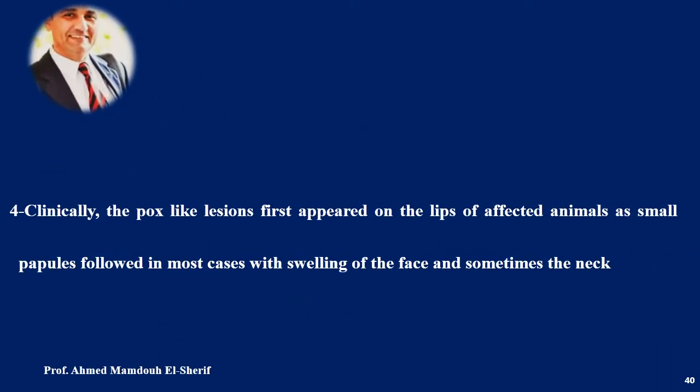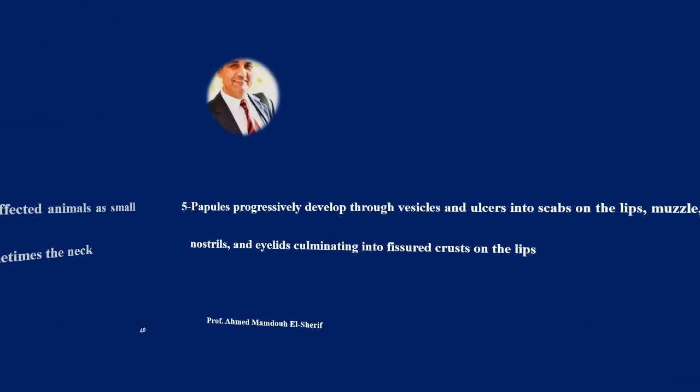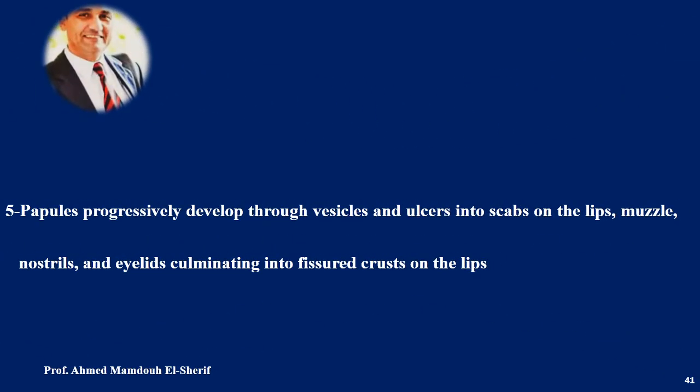Clinically, pox-like lesions first appear on the lips of affected animals as small papules, followed in most cases with swelling on the face and sometimes extending to the neck. Papules progressively develop through vesicles and ulcers into scabs on the lips, muzzle, nostrils, and eyelids, culminating in fissured crusts on the lips.